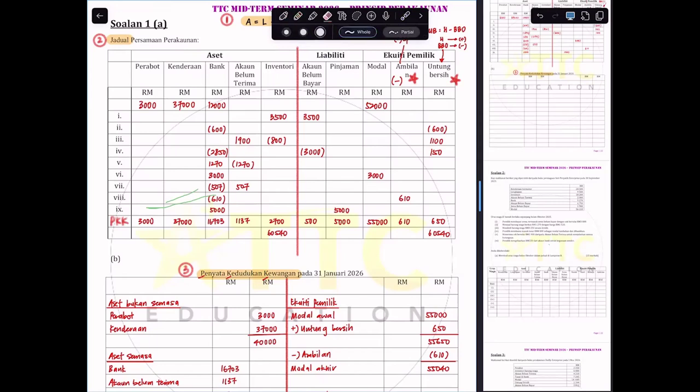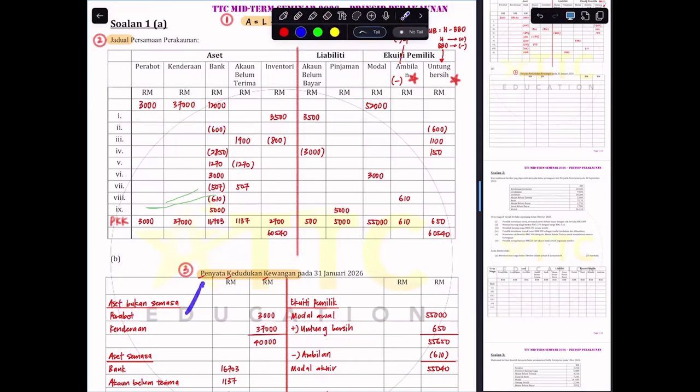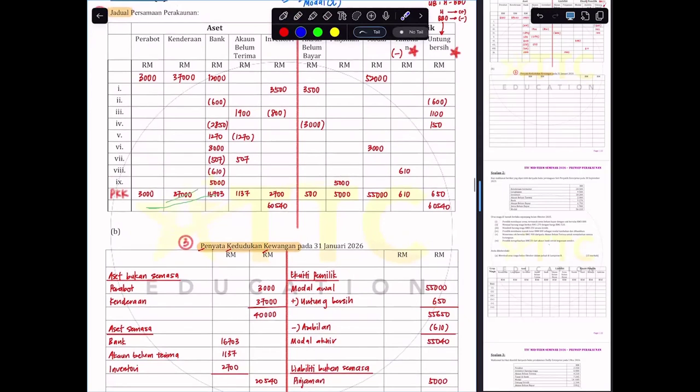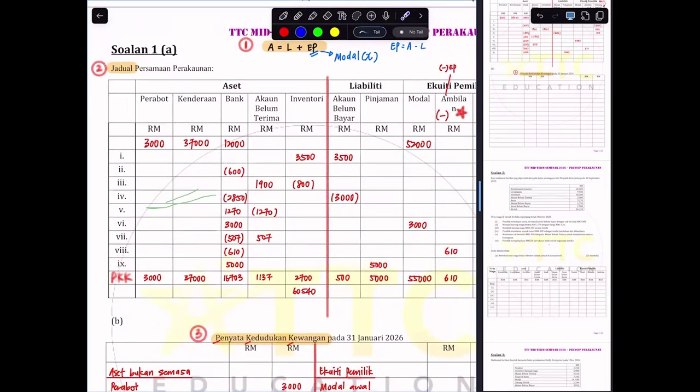Then you just, according to your classification, record into your PKK lah. Asset, debit. Liability, EP, credit. But for liability and asset, you got bukan semasa and semasa, right? So you need to figure out what is the classification of all these accounts first to record into your PKK format.